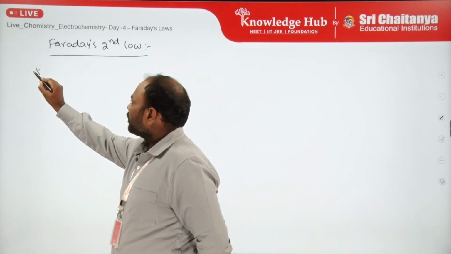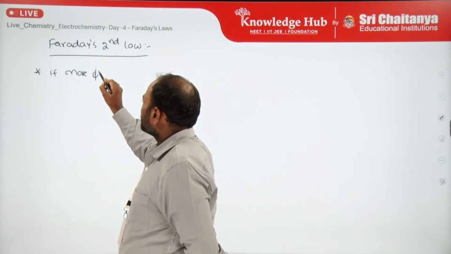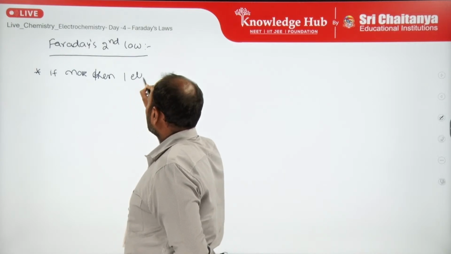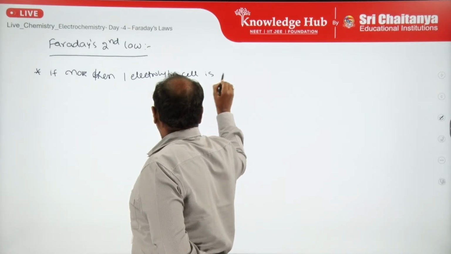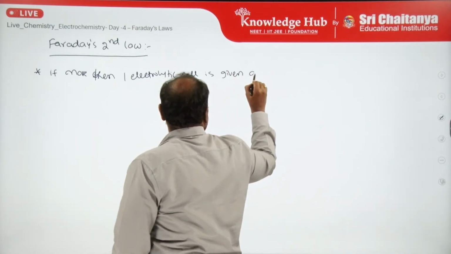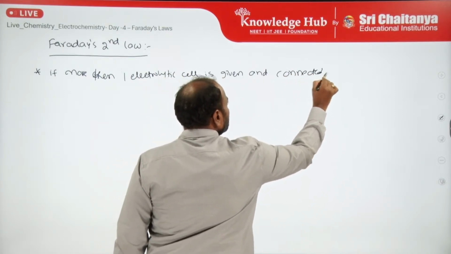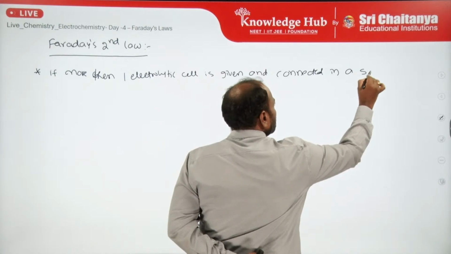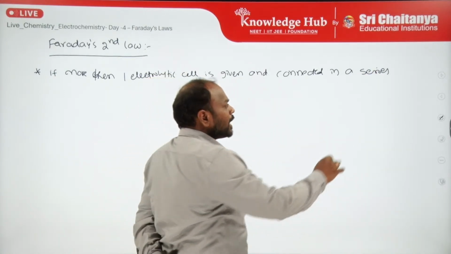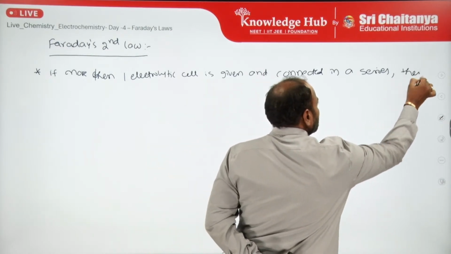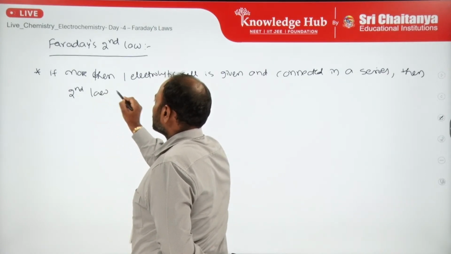If more than one electrolytic cell is given and connected in series, then we can apply the second law.